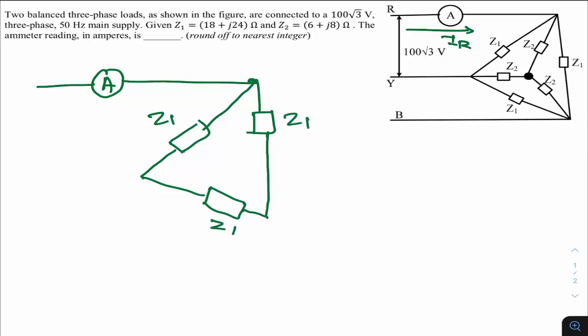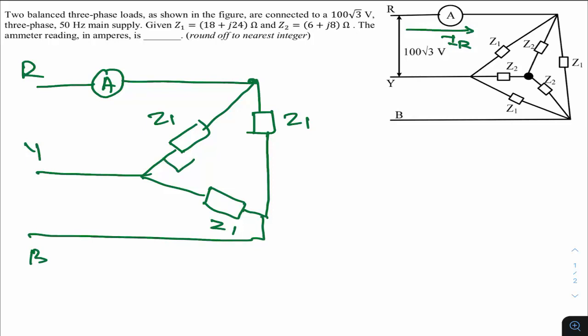And if you convert this inner star into delta, one arm will come here, which is in parallel with Z2, another will be here, and similarly here as well. This is your R line, this is your Y, and this is your B. So if you convert this inner star into delta, you have an impedance here.